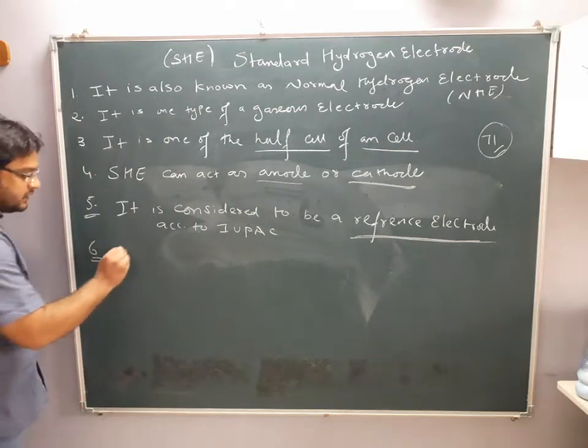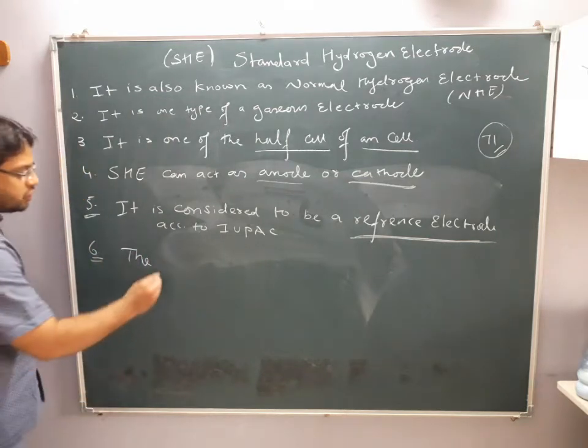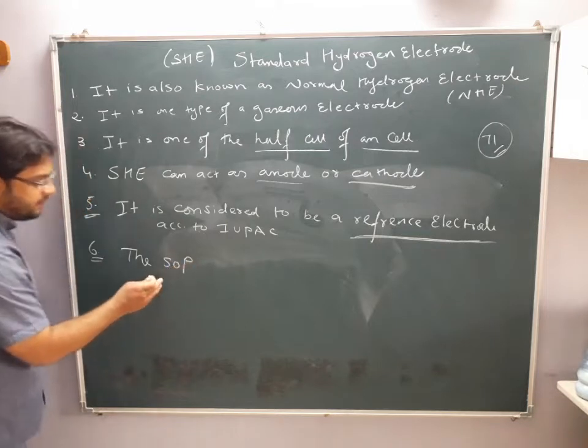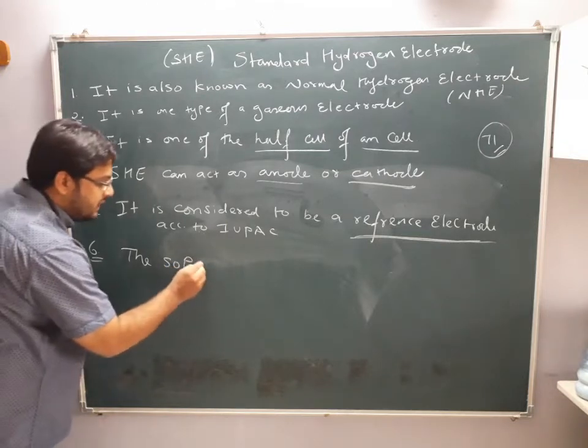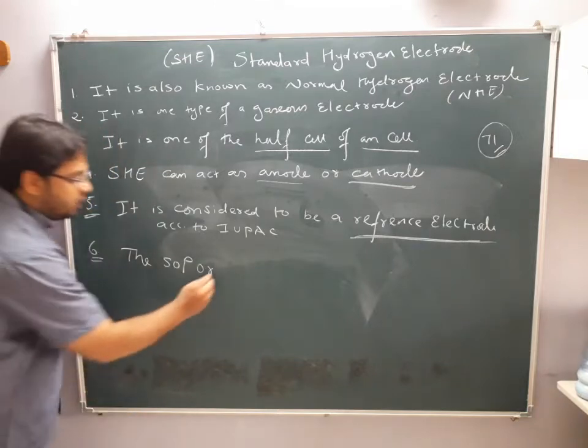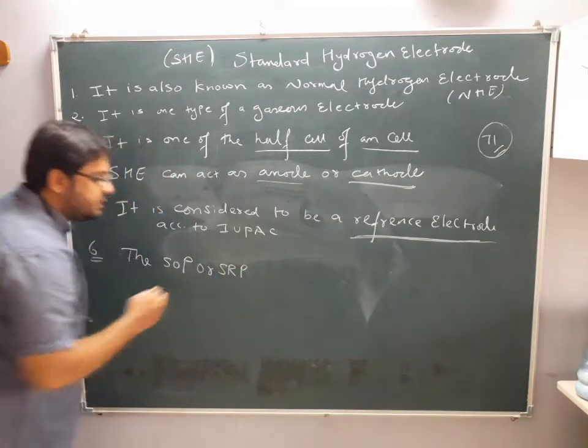Sixth one. The standard oxidation potential or reduction potential value. Remember, SOP means standard oxidation potential and SRP means standard reduction potential values. Remember these two words.